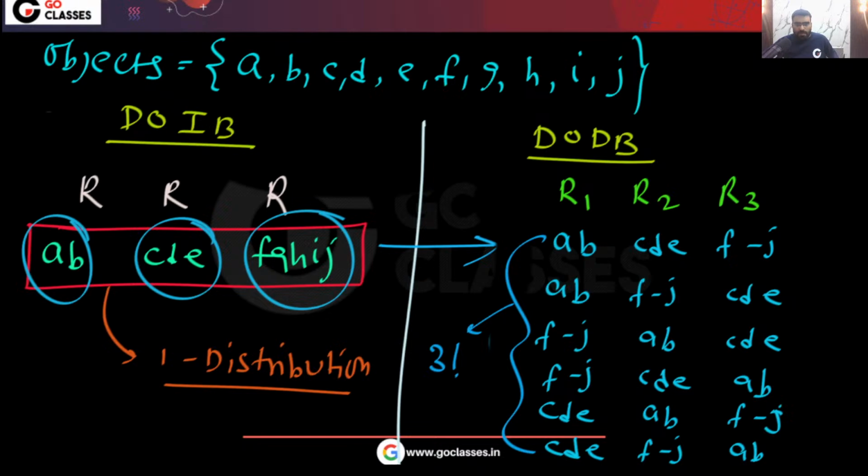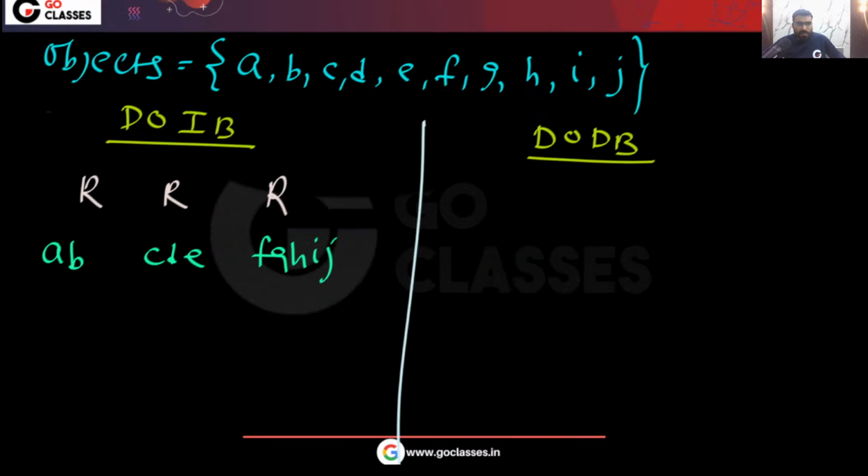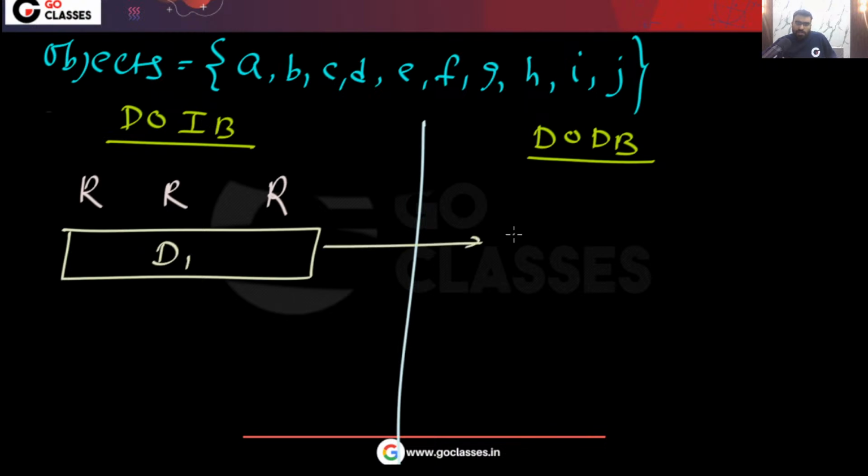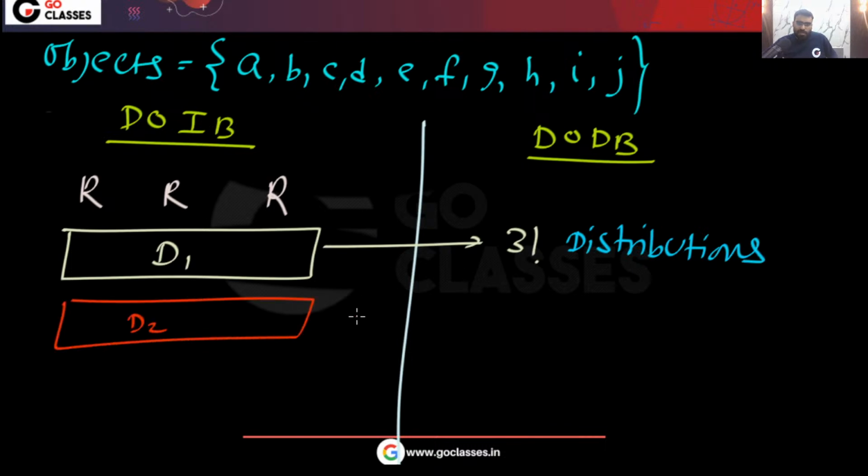Remember, if I give you some answer here, let me call it distribution D1. For this distribution D1, there will be a total of 3 factorial distributions here. If I give you some distribution D2 here, there will be 3 factorial distributions here.